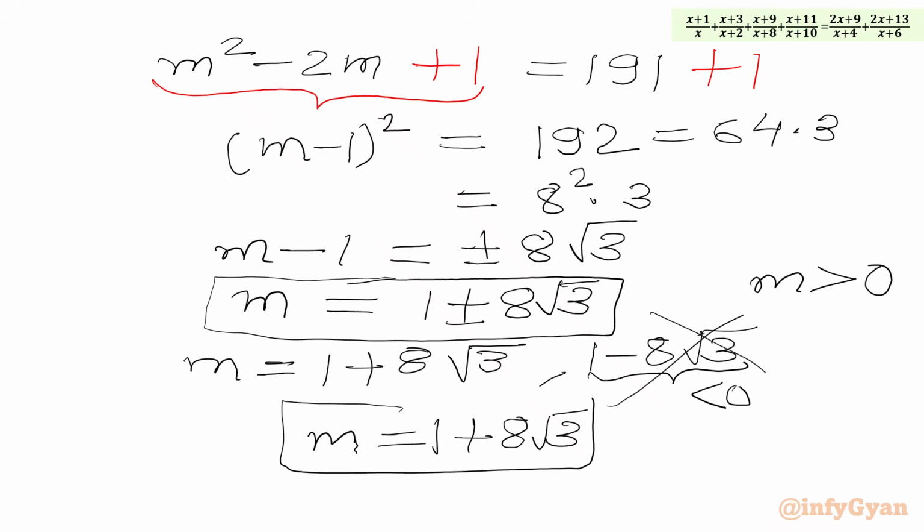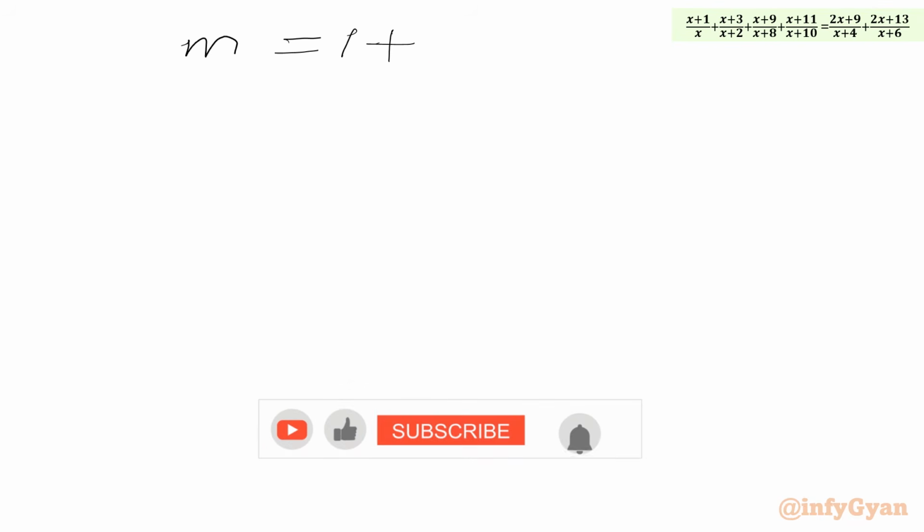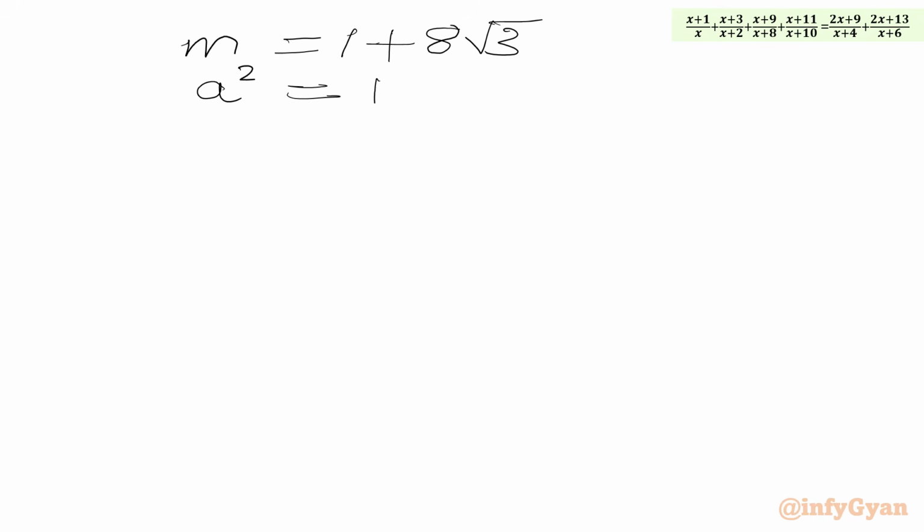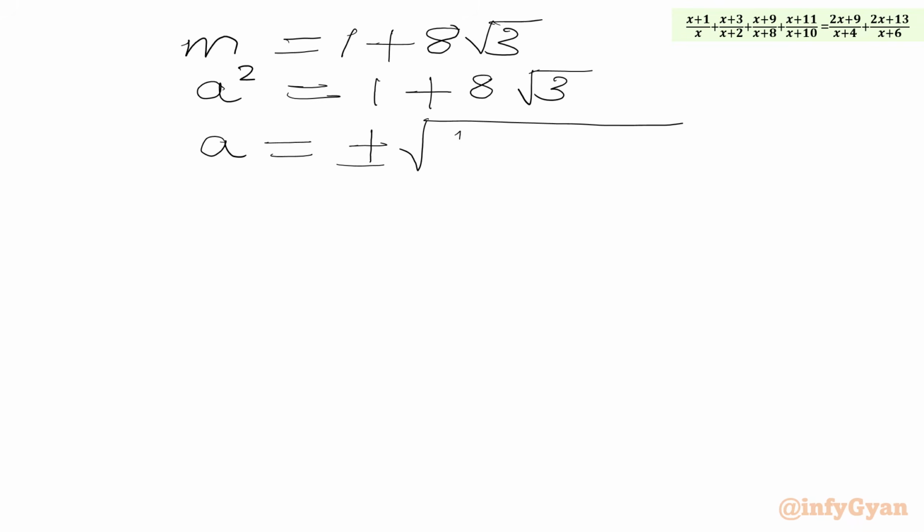Now m was our substitution, a square. So we will write here m equal to 1 plus 8 square root 3, which will be equal to a square. Now we will take square root both sides. So a will be equal to plus and minus square root of 1 plus 8 square root 3.